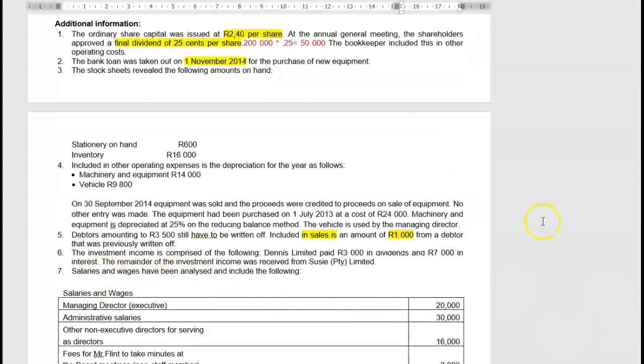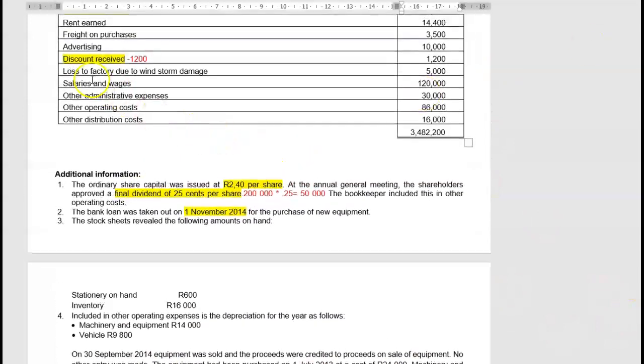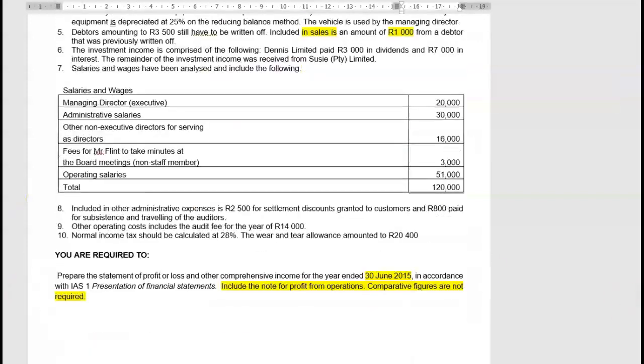Salaries and wages. Now, salaries and wages is shown here as a separate line item, 120,000. So clearly, it is not included in any one of those three items. So we have to distribute that and park it in the correct place.